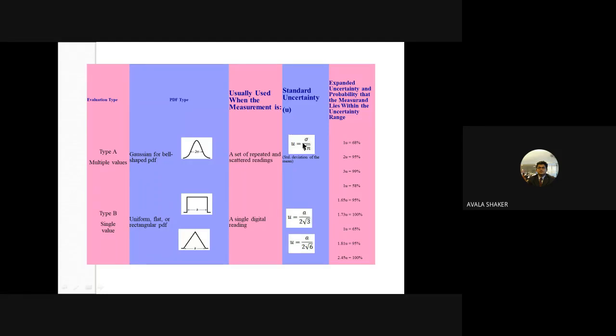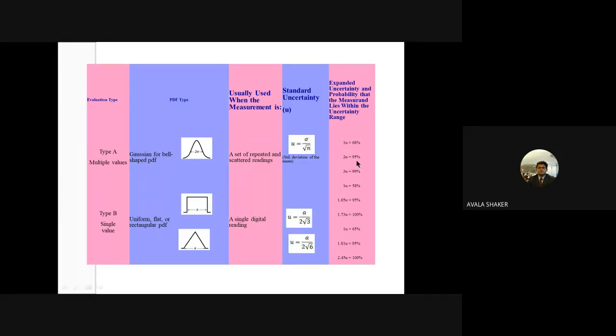It is 68 times it will. The remaining times it can go out of that true value range. Okay. So what do you mean by 2u? Means it is basically a 4 sigma. That is 95% confidence. Okay.